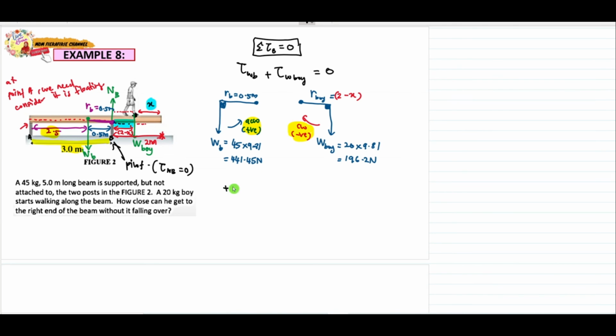So positive RB WB plus negative R boy times the weight of the boy equal to 0. So let's substitute 0.5 times 441.45 minus R boy.